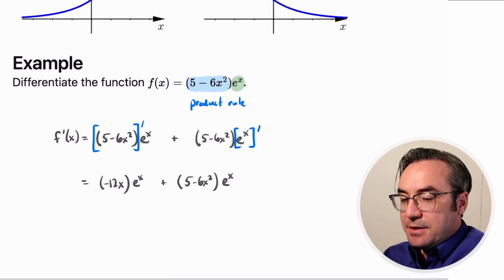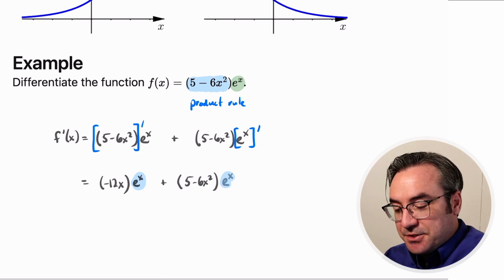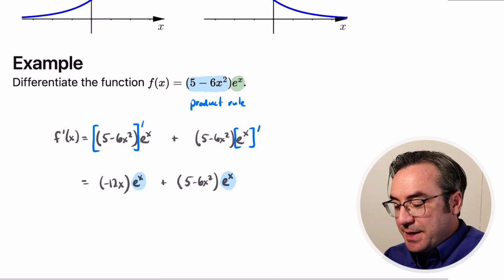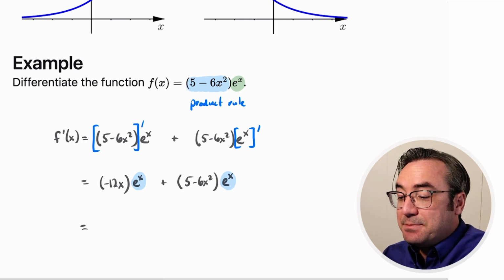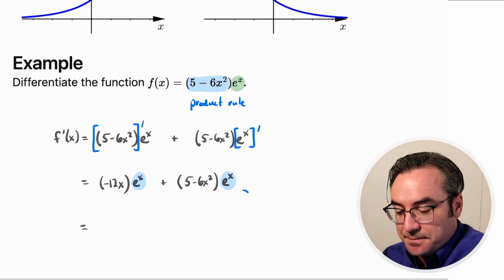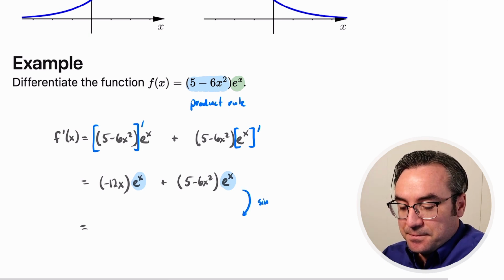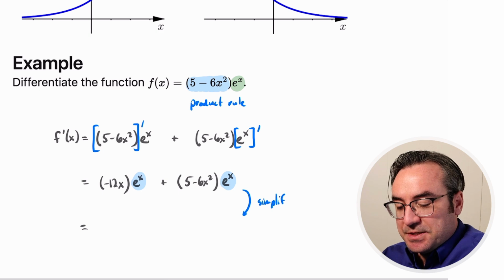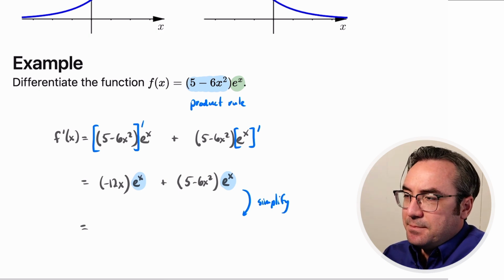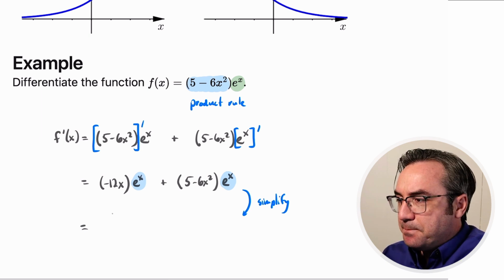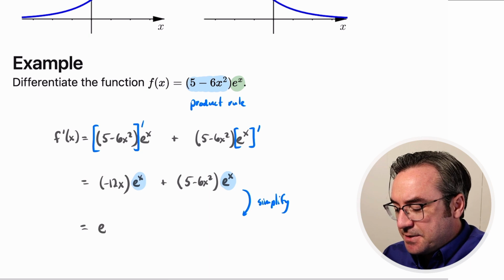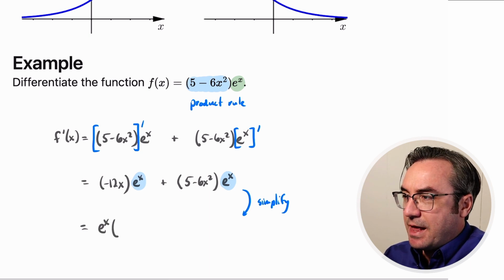This term has an e to the x in it, and this term has an e to the x in it. So if we wanted to simplify this, we could. The directions don't say to simplify, but we know it's normally a good thing to do. If we factor out e to the x, what are we going to have left?